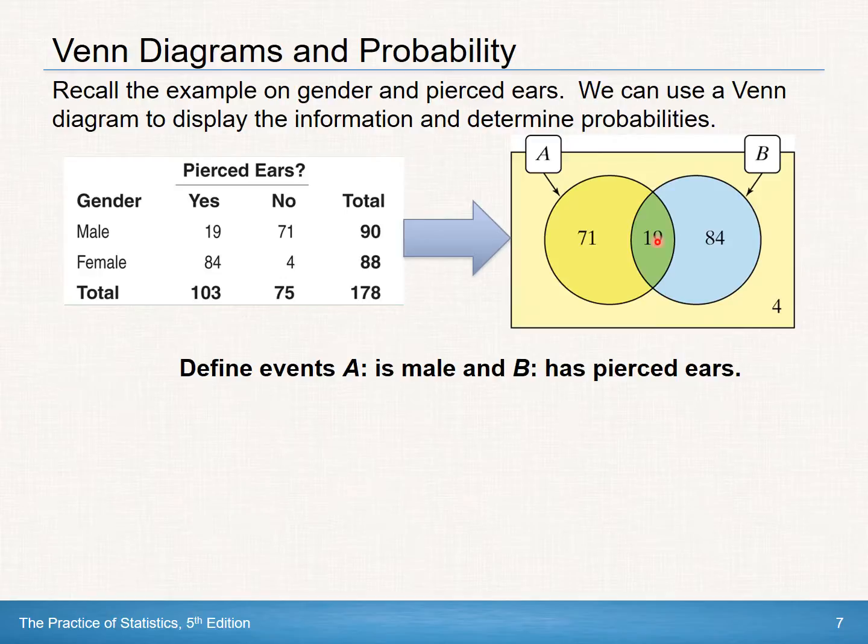For event B, which is having pierced ears, there were a total of 103 that were yes, 84 of them were female, 19 were male. So this is males, this is pierced ears, they overlap with 19 people.